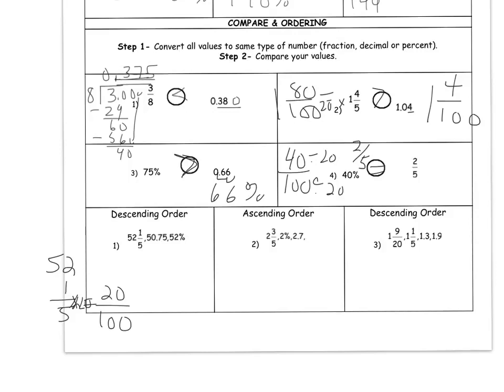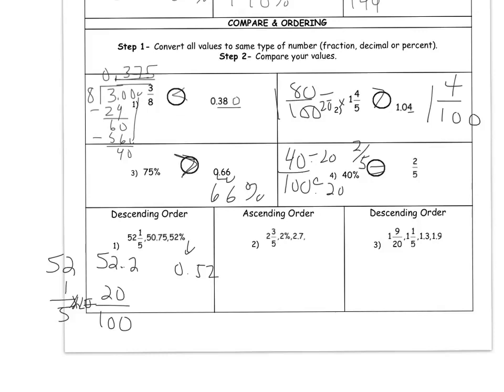Well, 1/5 in a decimal is going to be 2 tenths. So 1/5 equals 2 tenths, so that would be 52 and 2 tenths, okay? 50 and 75 hundredths, and then the 52% would give me 0.52.